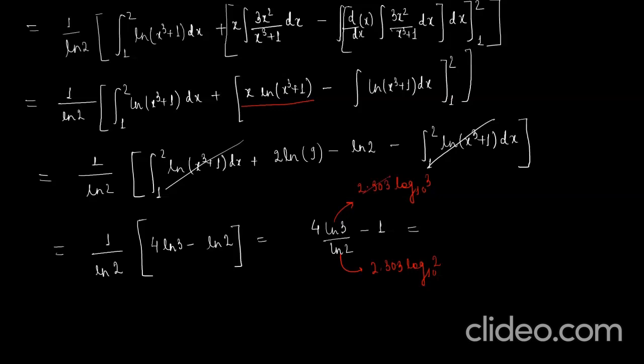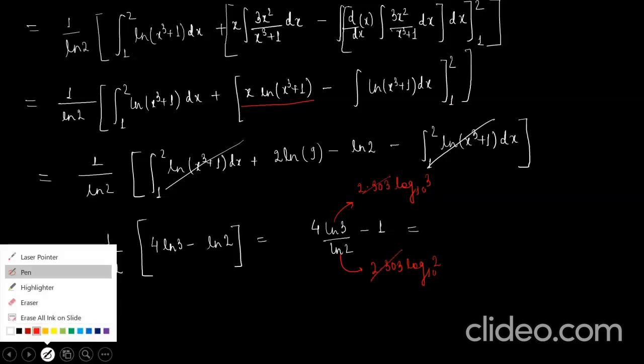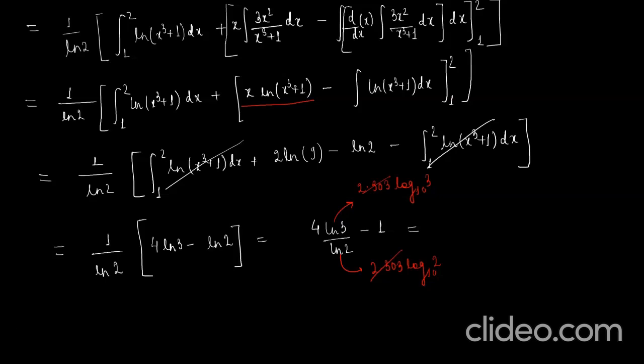This 2.303 will be cancelled. I am doing this just because I know the value of log 3 to the base 10 and log 2 to the base 10. Log 3 upon log 2 minus 1.